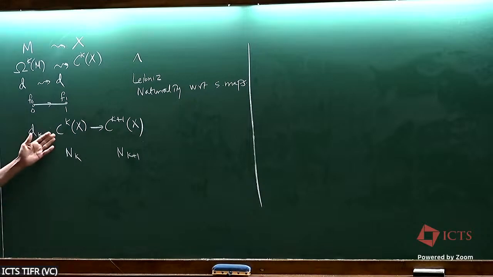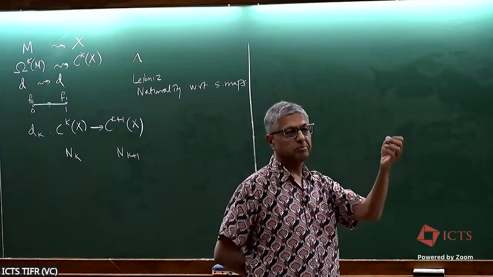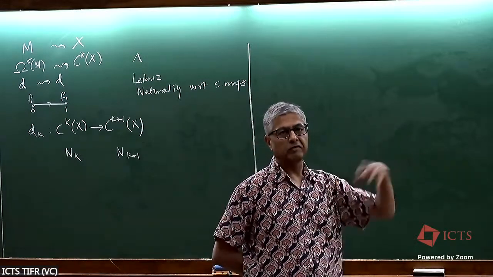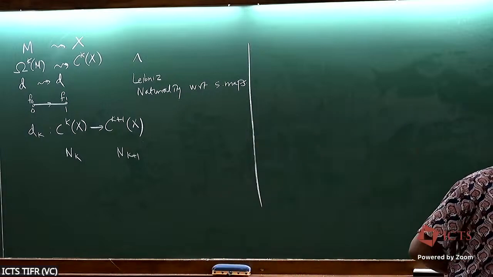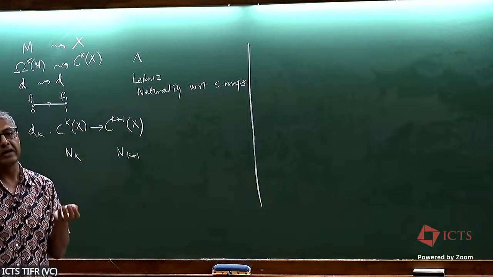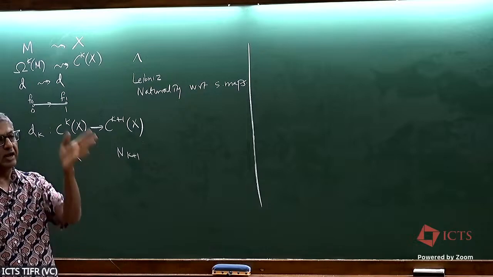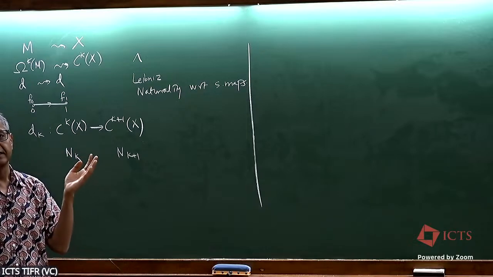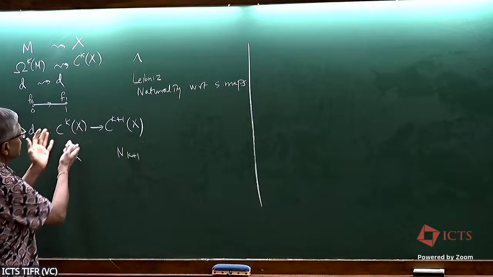Then it's a real vector space of dimension n_k. You can take as basis a cochain that takes value 1 on a particular k-simplex and 0 everywhere else. Like, let's say you are working on a tetrahedral mesh and you want to look at C2, so things that live on the triangles. Take a cochain which takes 1 on one triangle and 0 on all the other triangles, and that forms a basis. So you'll have a basis here and a basis here.